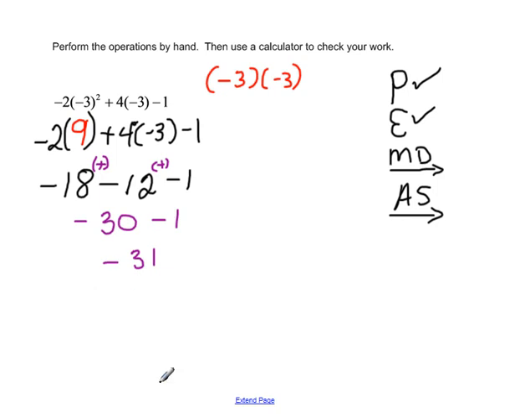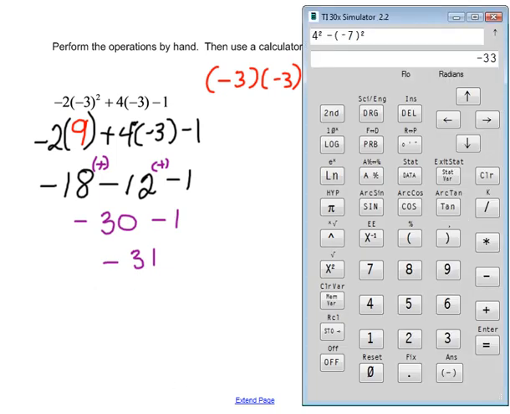So let's go ahead and just check our answer on the calculator. We're going to come back up here, clear things out, and enter in the problem exactly as it appears. So we're going to be careful of parentheses and negatives and minuses and all that kind of stuff. We're going to start with -2. And then that's being multiplied by, so we use our multiplication sign. And then in parentheses, we have -3, and I'm going to close the parentheses, and then use my squared button to show that exponent 2.